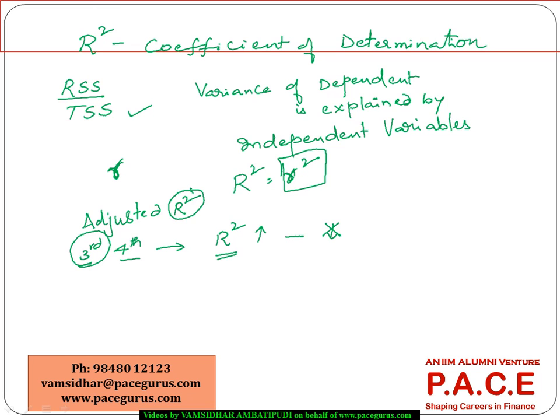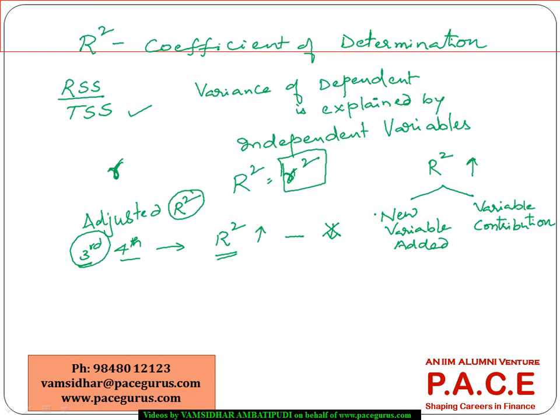These are two things that need to be looked at. R squared has gone up, fine. What analysts say is this could be because of two reasons: a new variable was added, or the variable really contributed something to the explanation of the variation in the dependent variable.